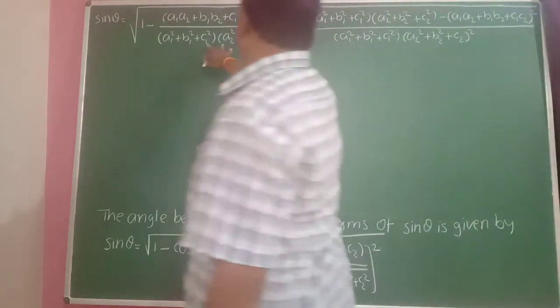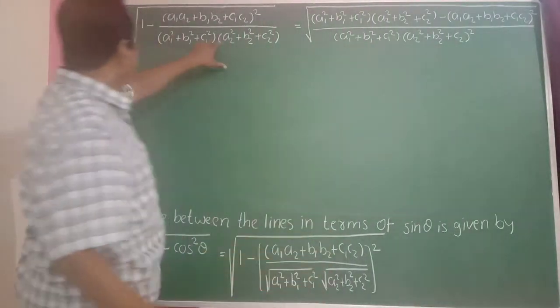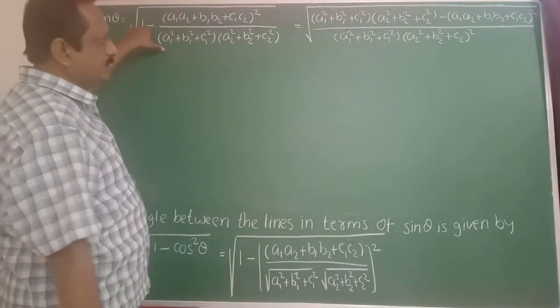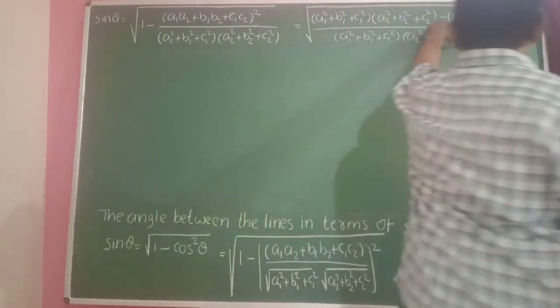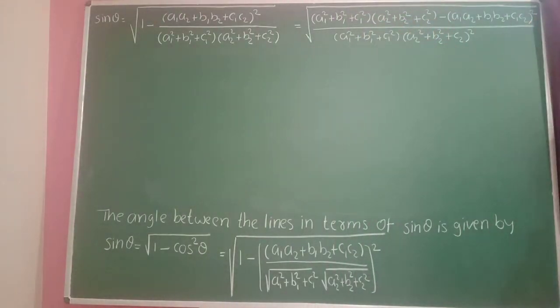Here this is the LCM, that is the denominator, multiply this term here, then the middle minus sign is there, so write here minus of a1 a2 plus b1 b2 plus c1 c2 whole square.